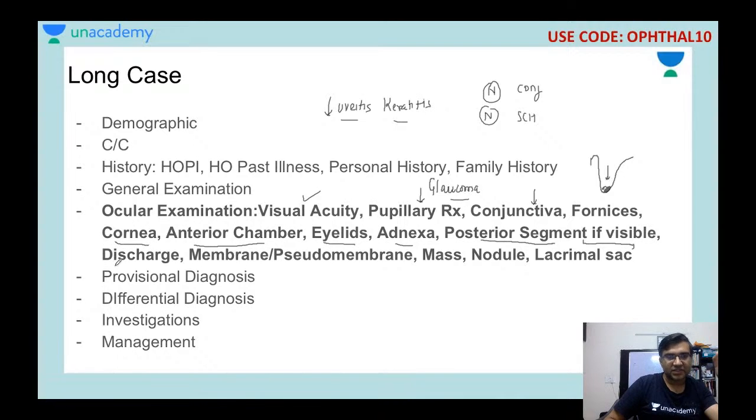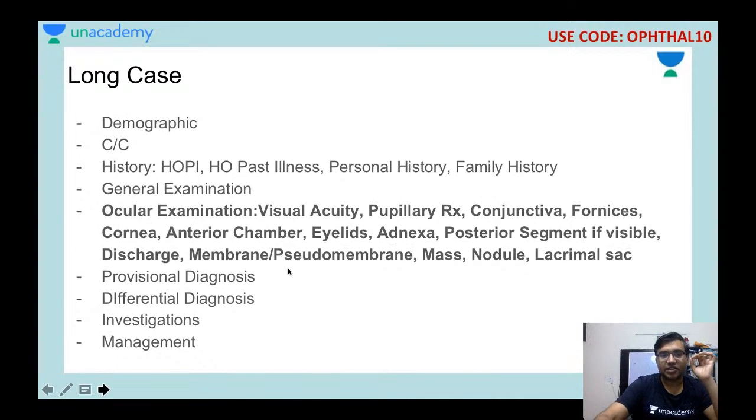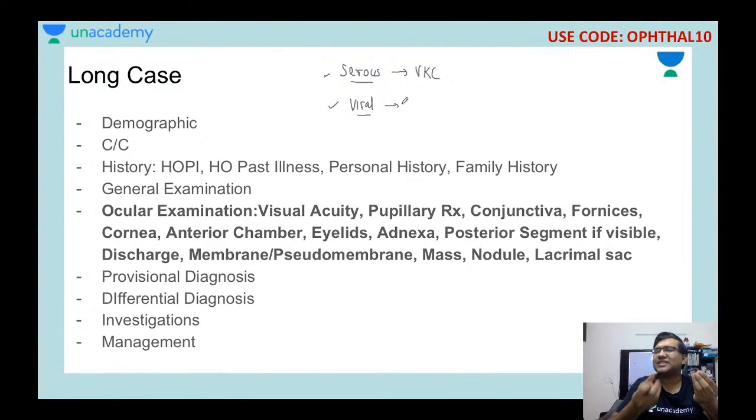Then important is discharge. Why is discharge important? Now discharge can be a serous discharge. Serous means watery discharge. In conditions like allergic conjunctivitis, like vernal keratoconjunctivitis, you have a serous discharge. In viral conjunctivitis, there may be not a serous but more of a thicker discharge.